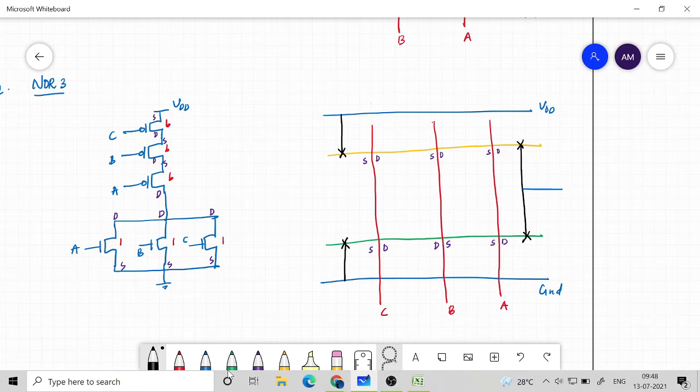Now is it complete? No, it is not complete, because there is one more connection that is left, that is basically this drain has to be connected. So drain of C and B are connected, but it is not connected with A, so we need to make that connection.